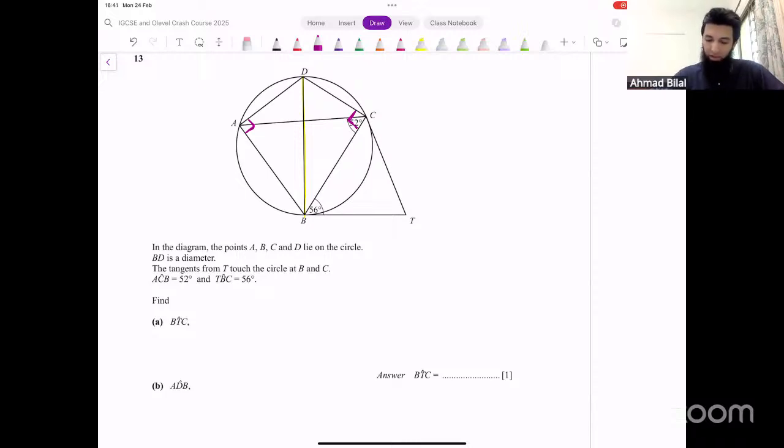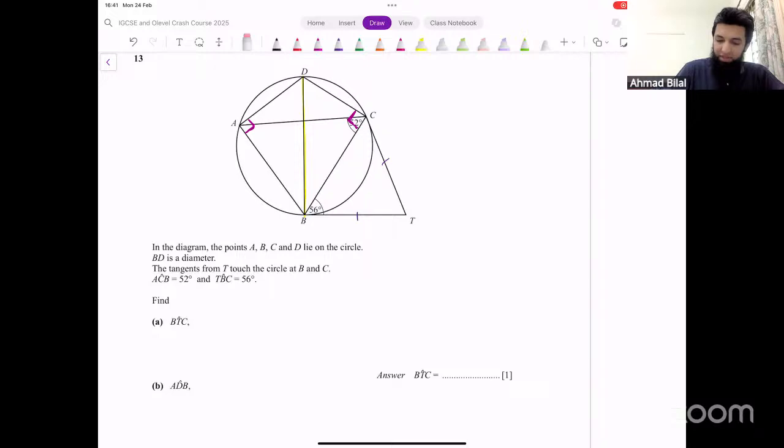Okay. Now, since these two tangents are supposed to be equal to each other, tangents coming from a single point outside the circle, this triangle that we see here is an isosceles triangle.